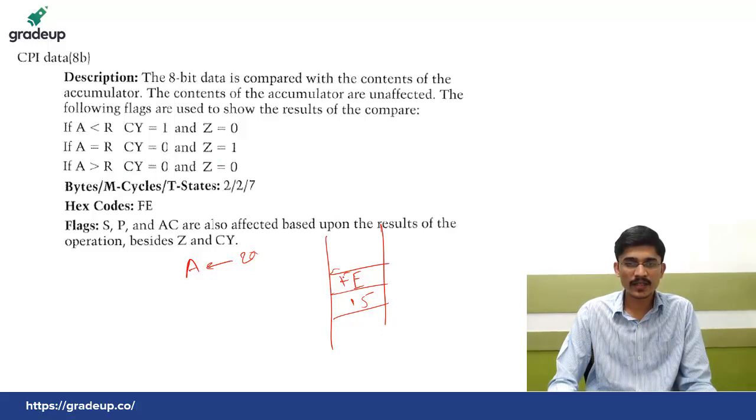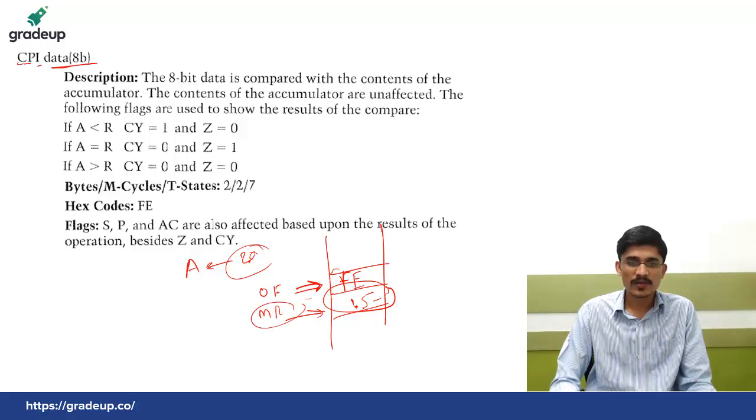Suppose the pointer is pointing here; from FE it will understand that it is a compare. This immediate 8-bit data is compared with the accumulator, but the accumulator data is greater than this. So first you will require opcode fetch as well as memory read.